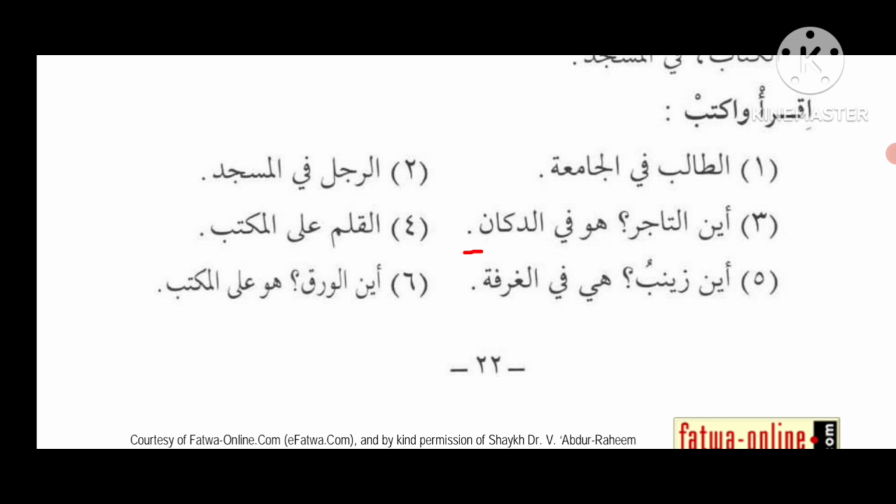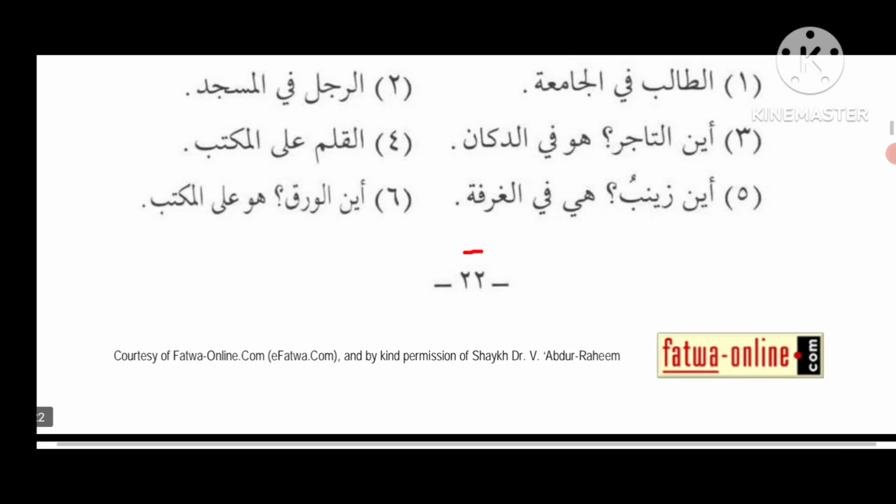Al-qalamu, the pen, ala al-maktabi, is on the table. Aina Zainabu? Where is Zainab? Note, Zainab here is neither taking a tanween nor alif and lam. One of the things you have learned in the previous videos is that when a noun is nakira, it takes a tanween.